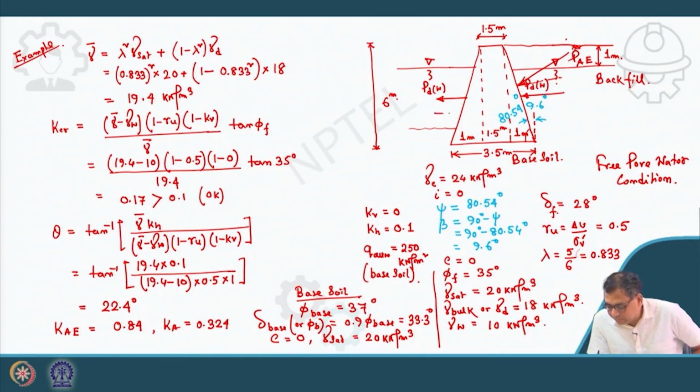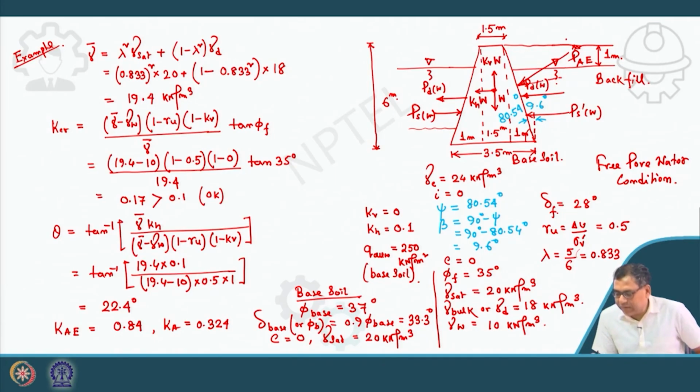And then PSW. Then this side PS dash W. And here the weight will act. Then this is KHW. Similarly, I can put KVW also, but here KV is equal to 0.